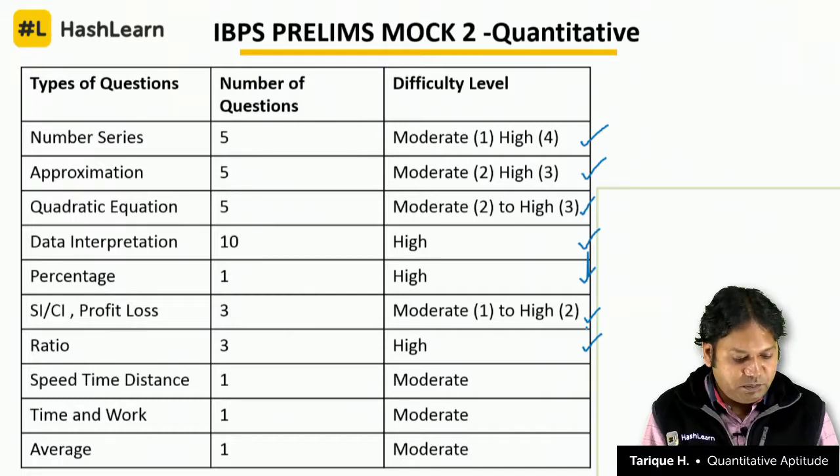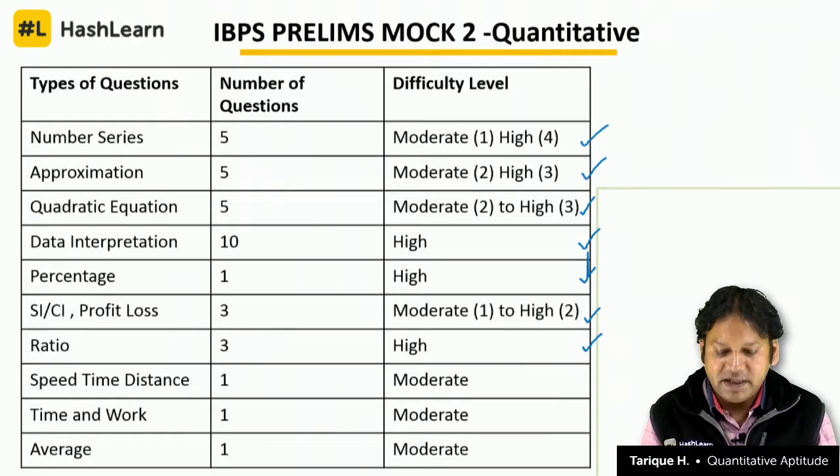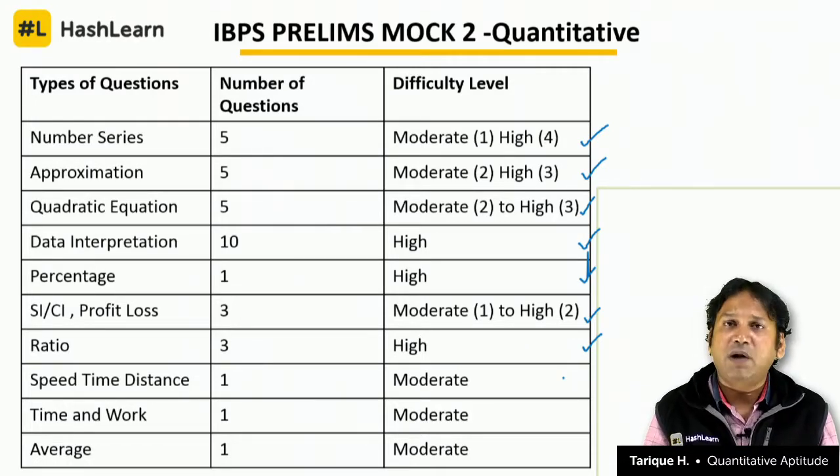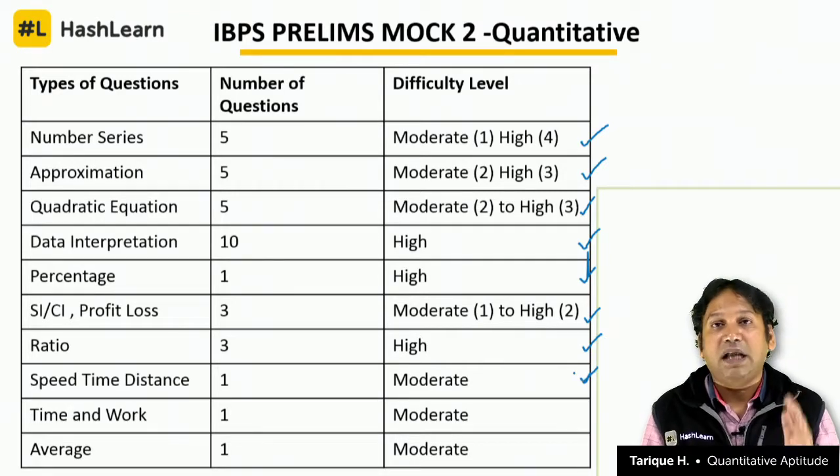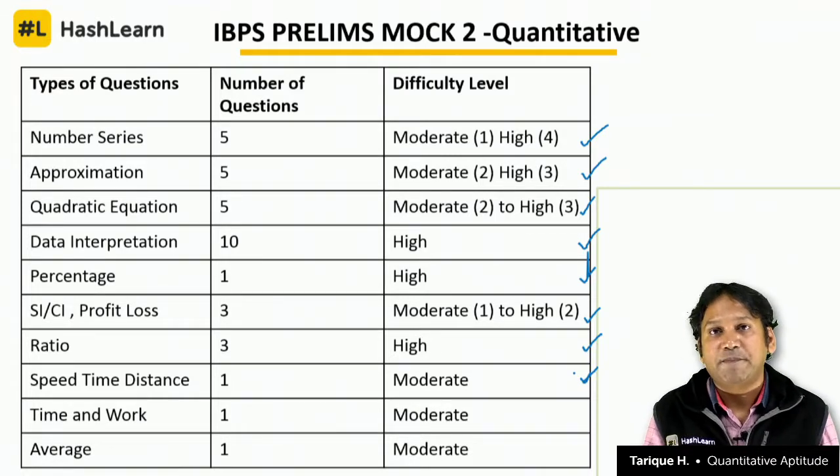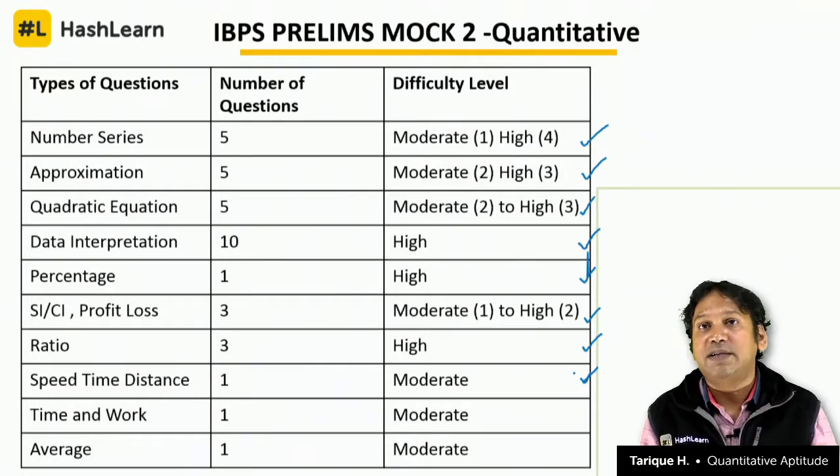Followed by speed, time and distance. This time we have only one question from speed, time, distance, and this question was a formula based question. Directly we can use the formula and solve. If you attended my class on speed, time and distance, this question was from the topic of boats and stream.